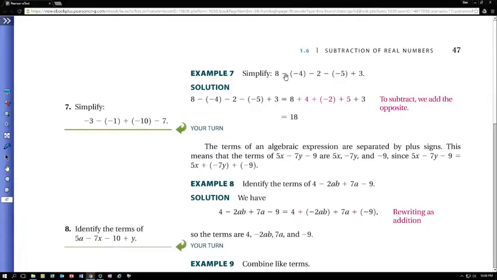Here I'm subtracting negative 4, which I change to adding its opposite, 4. Then I'm subtracting 2, which is adding its opposite, negative 2. Subtracting negative 5, which is adding positive 5. And then here's a positive 3, which is already addition. So I can do that. Okay?